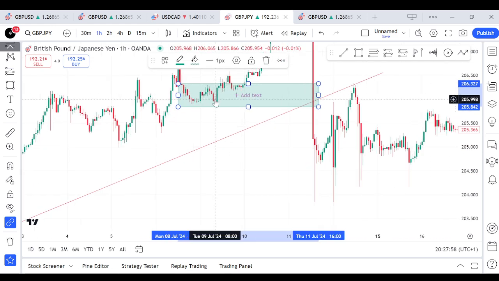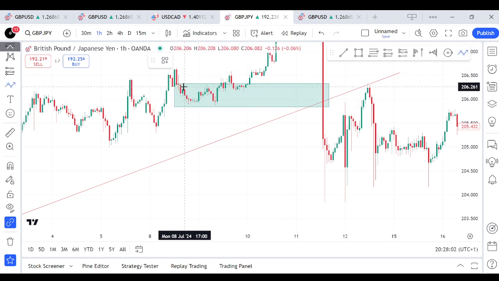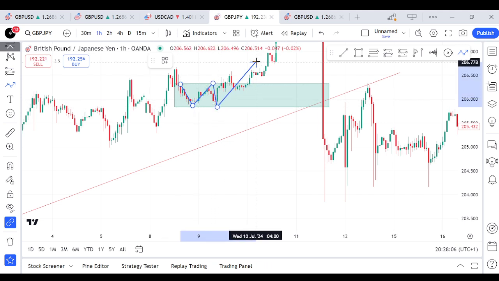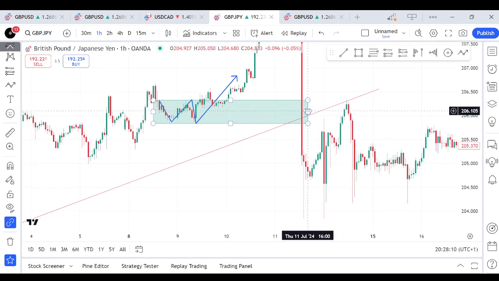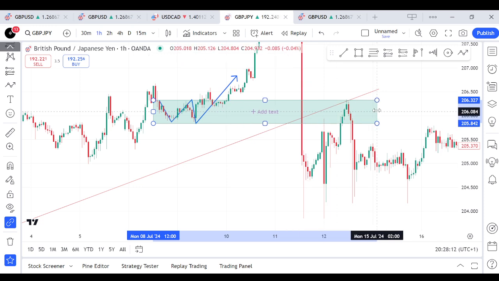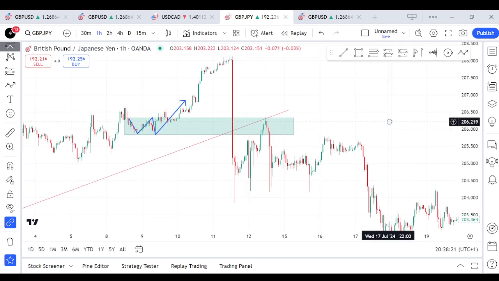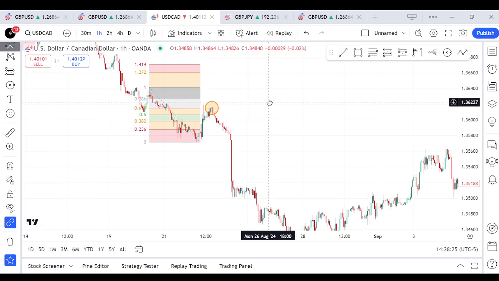Price failing to break through this line the first time, the second time, and that was a support level, but price violated that support level, and you can see we use that as resistance in the next, like support turn resistance exactly. And let me look for a better example of the confluence strategy.